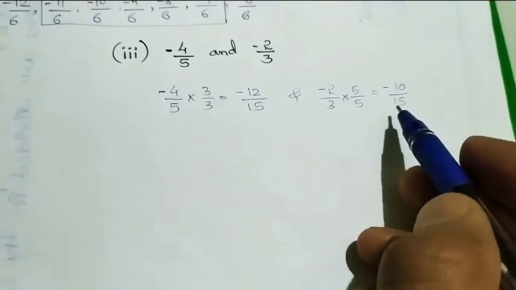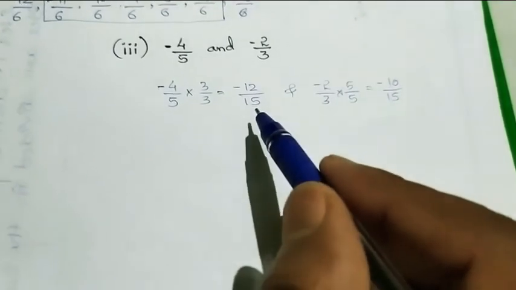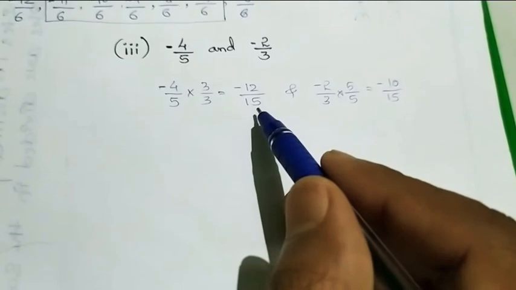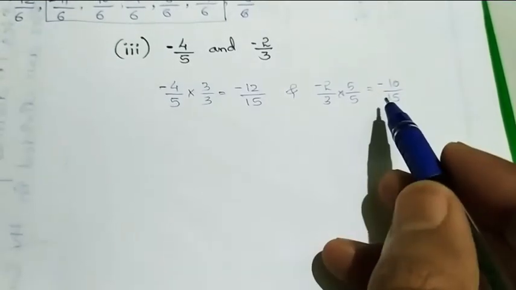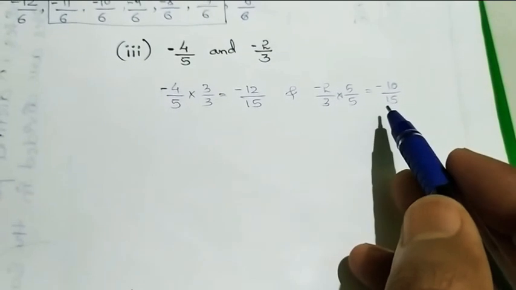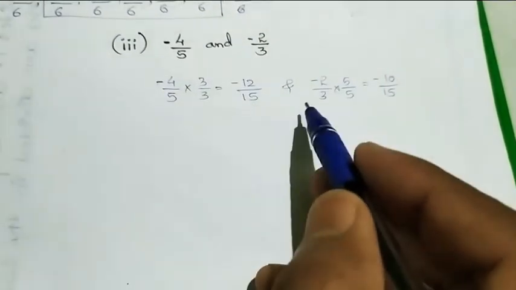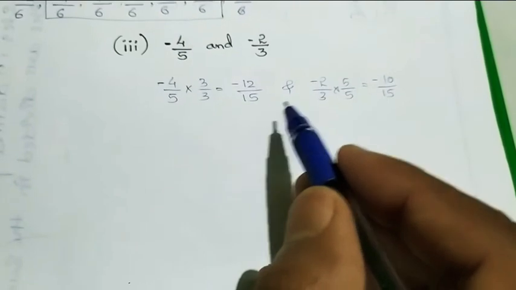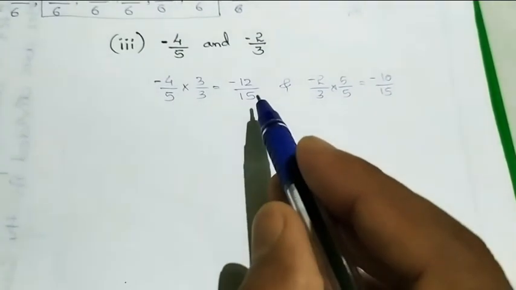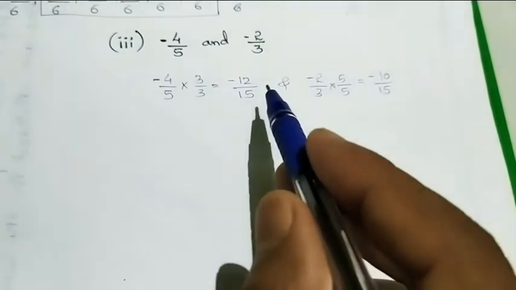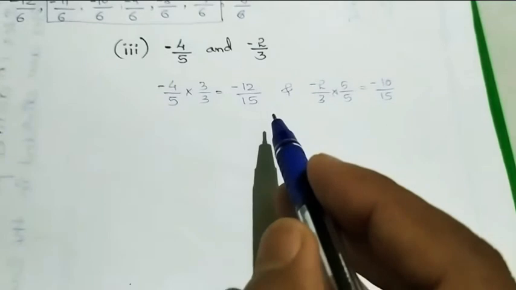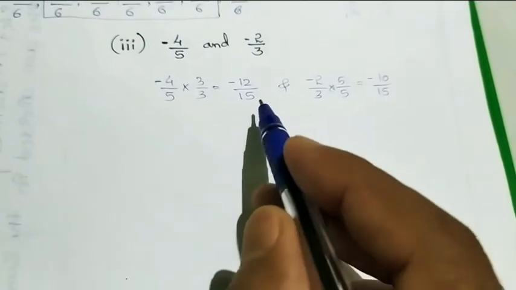Okay, but we need 5 rational numbers between these two numbers. So for this, what do we have to take? See, minus 12 by 15 and minus 10 by 15 are there. In between these we need how many? We need 5 rational numbers. So for this you can multiply both numbers by 6 by 6, or else you can take half of that, 3 by 3 also.